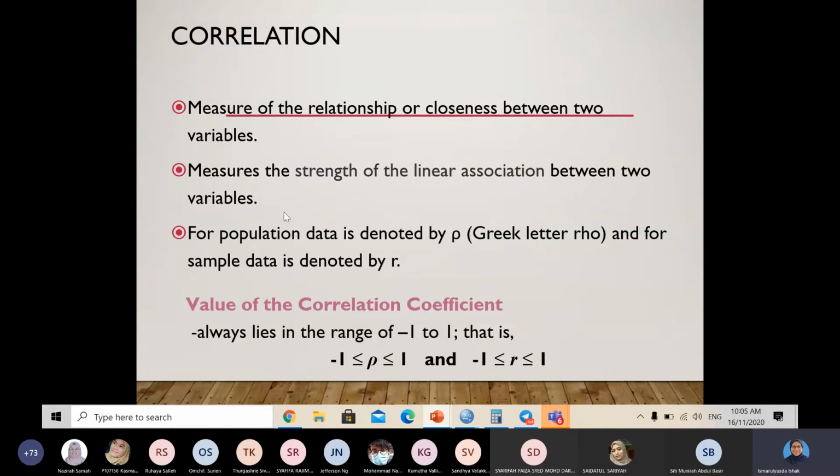For population data it is denoted by rho, for sample data by R. The value of R lies between -1 and 1. So remember, it is the relationship between two variables, and you can measure the strength. Is it strong, moderate, or low or weak correlation?